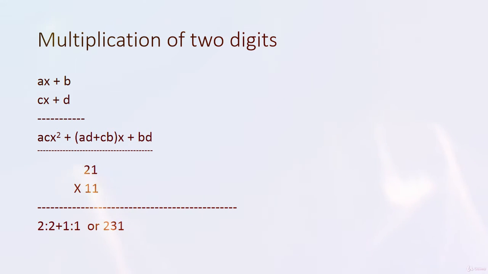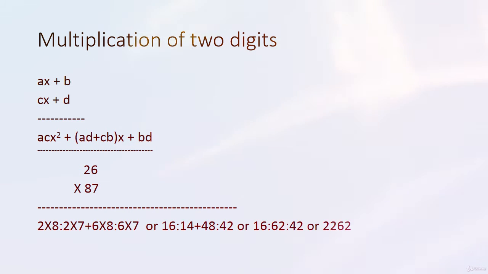Now I take a bit more complicated example, that is 26 multiplied by 87. Again in this case the answer will have 3 portions: the left hand side portion, the right hand side portion and the middle portion. For the left hand side portion, we do the vertical multiplication of 8 with 2, the left hand side digits of the question. For the right hand side, we do the vertical multiplication between 6 and 7.